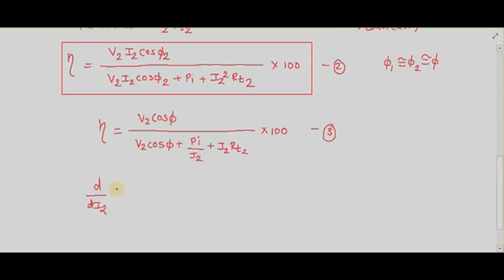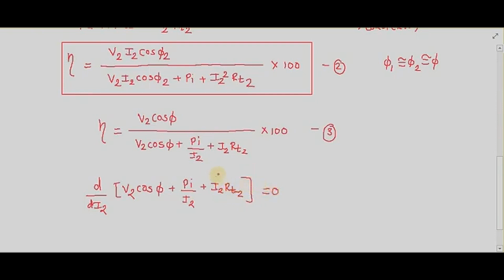So I equate the derivative of the denominator to 0: d by dI2 of the denominator, V2 cos phi plus Pi upon I2 plus I2 RT2. Please students, try to understand what I have done here. See, again I will explain.